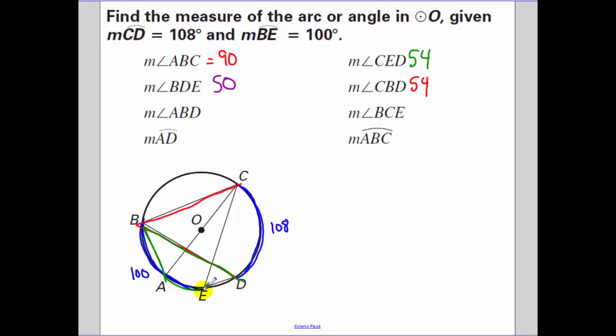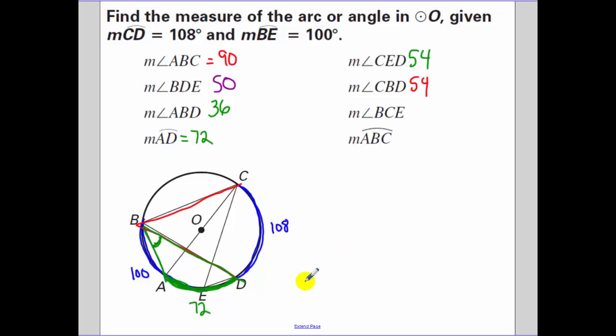So that intercepts this arc right here, arc AD. Well, I know that arc AD plus arc DC equals 180 because ADC is a semicircle. So therefore, if I subtract 108 from 180, we get 72. So that's what arc AD is, which we need to find down here. So let me write that down. But I need to also find this angle. That angle, again, is half that intercepted arc, so that's 36.